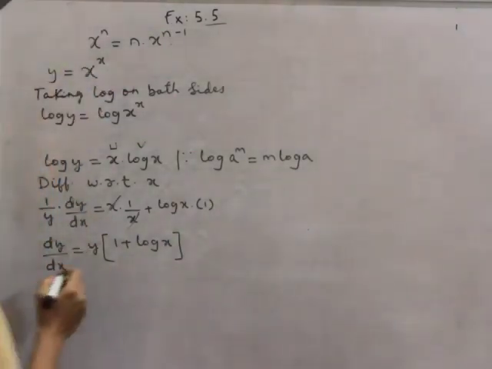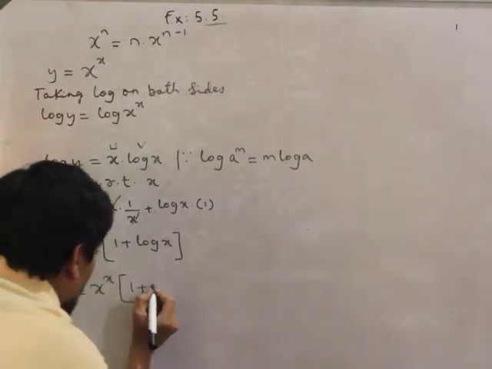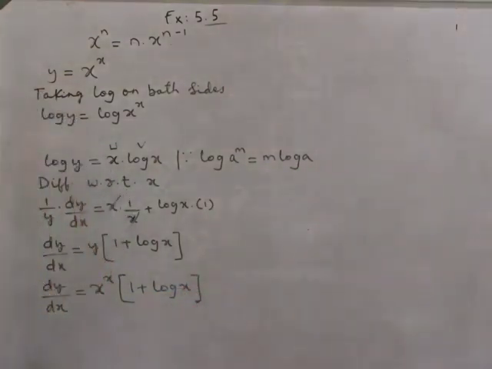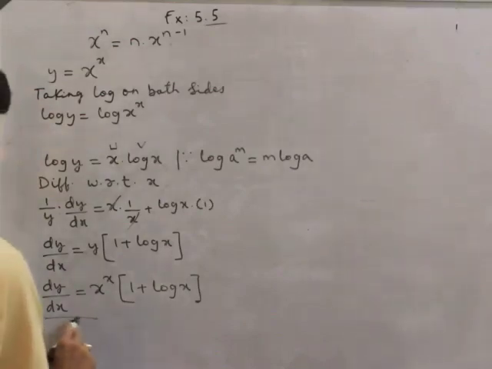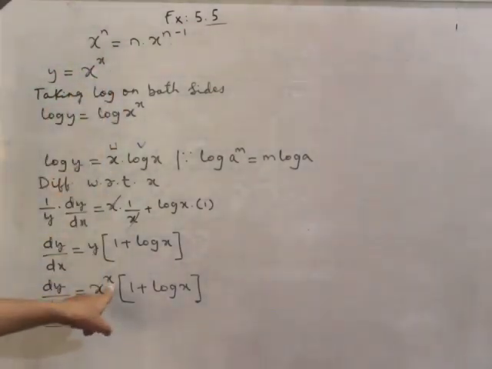Y is x to the power of x, into 1 plus log x. Remember this. This is your final answer. Differentiation of x to the power of x is x to the power of x into 1 plus log x.